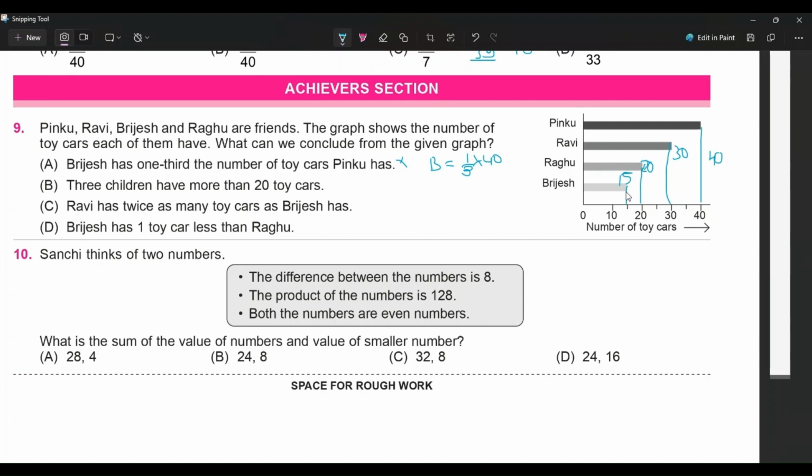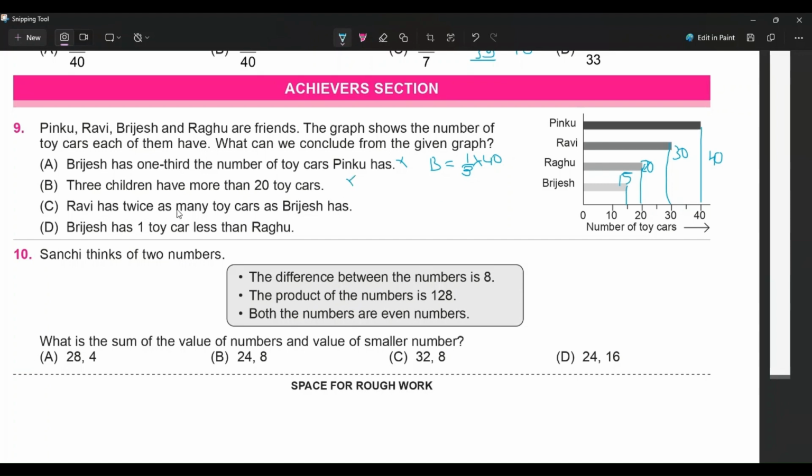No. 2 are having 15 and 1 is having 20, not more than 20. Let's count. 1 is having 15, 1 is having 20. No. Option B is also wrong.